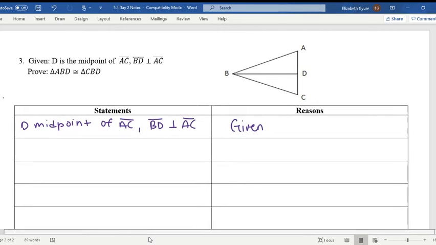Let's take a look at what we are told. D is the midpoint. So this point right here is the midpoint of segment AC. So this is a great time to look at your vocab sheet. Can somebody tell me what a midpoint does to a segment?